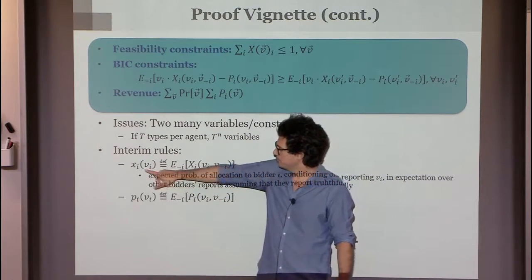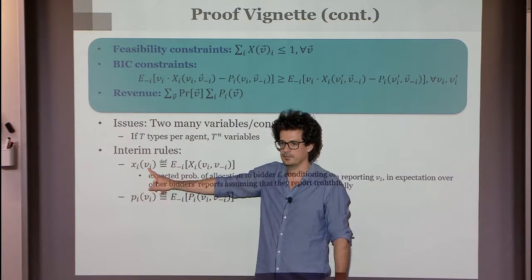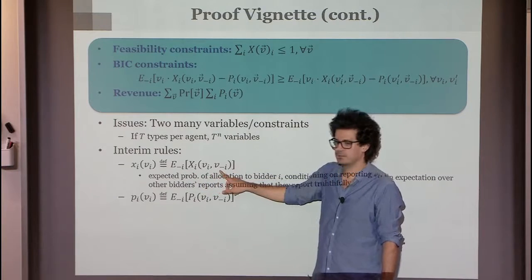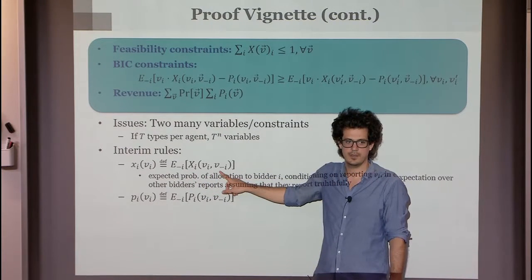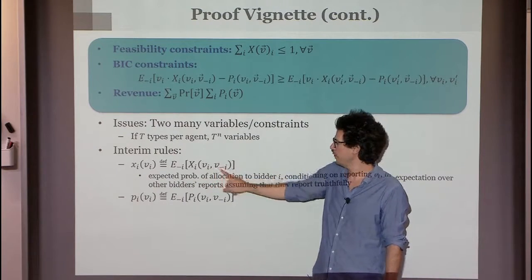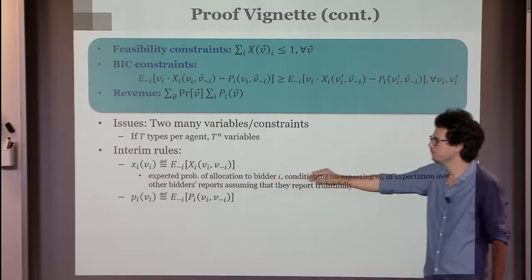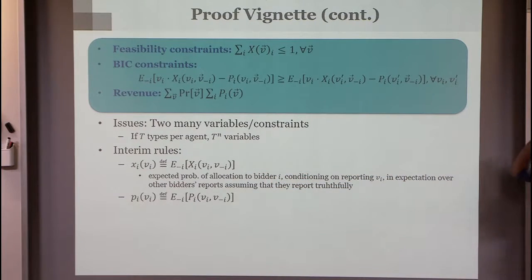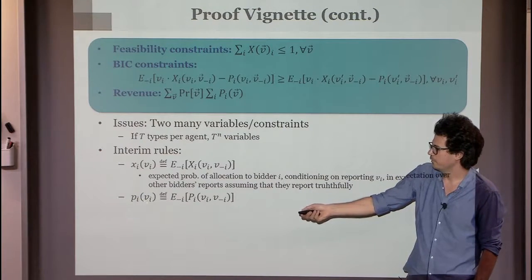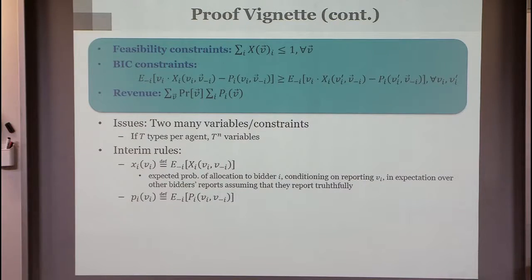The interim allocation to bidder i when he reports a particular value is the expected probability by which he's going to receive the item if he reports that value, in expectation over what the other guys are going to say. That's all it is, right? And similarly, the interim price that bidder i is going to pay if he reports v_i is the expectation over what the other guys are going to report of the price he's going to pay.